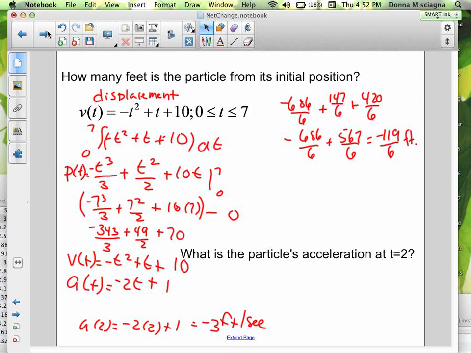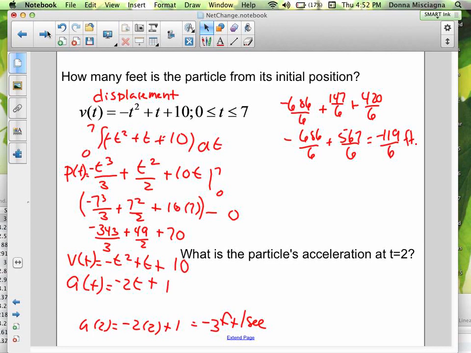All right, so we integrate. We have negative t cubed divided by 3 plus t squared divided by 2 plus 10t. And then we evaluate from 0 to 7. If I plug in 0, I'm going to end up with 0. So that's why the minus 0 is there. I plugged in 7 and need a common denominator if I want to add those. If I simplify it, it's just going to be negative 343 thirds plus 49 halves plus 70.